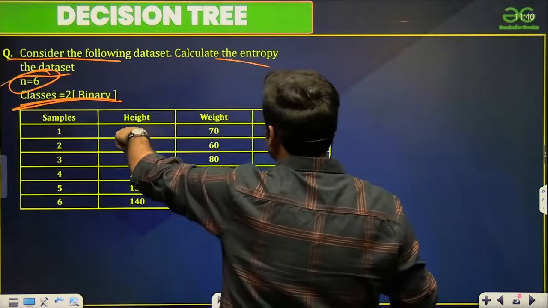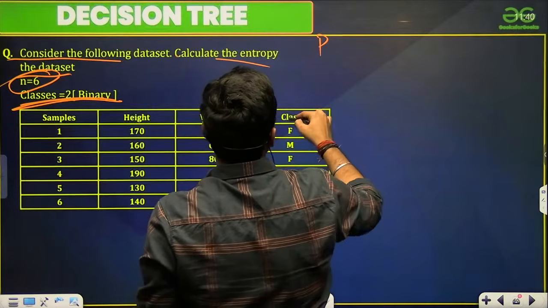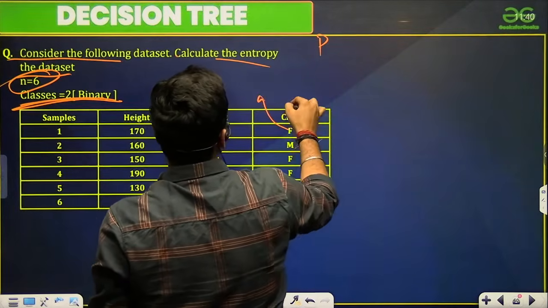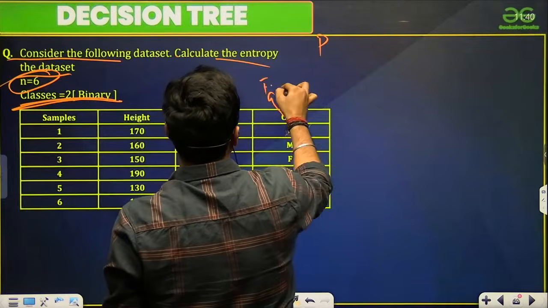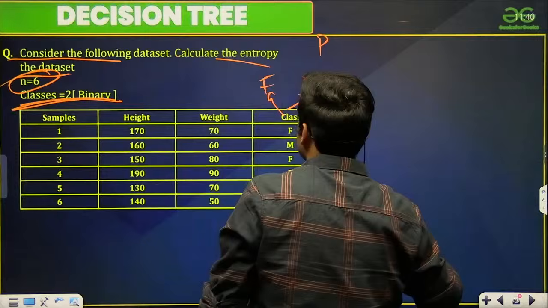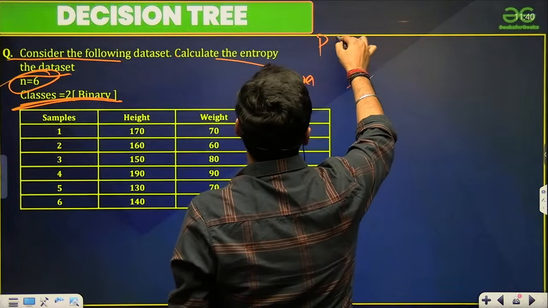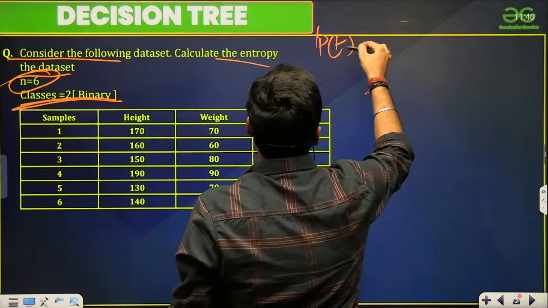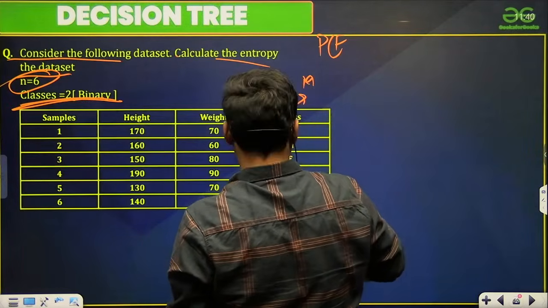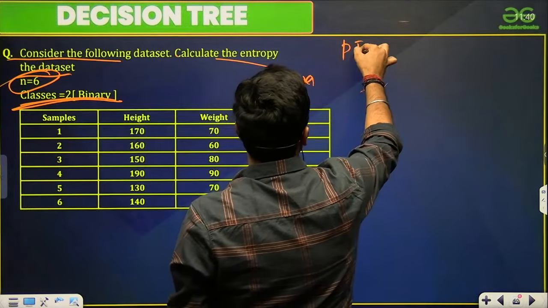You have this data set where we have two classes. Class 1 is female and the next class is male. So what is the probability of class female?